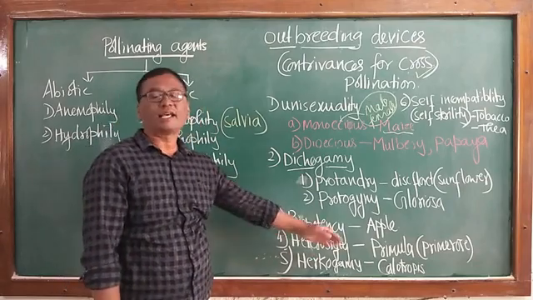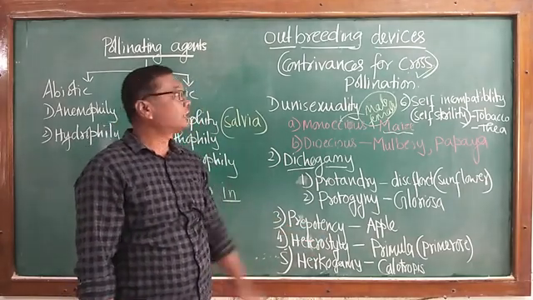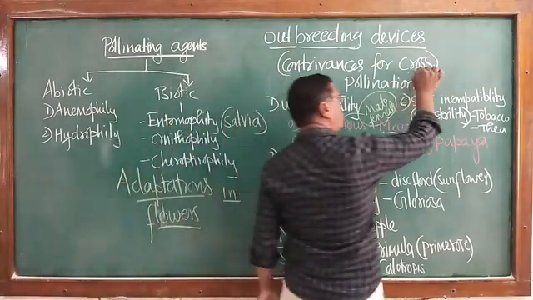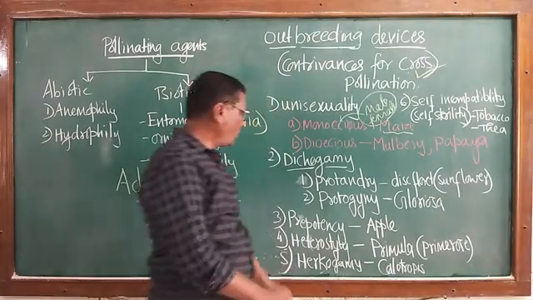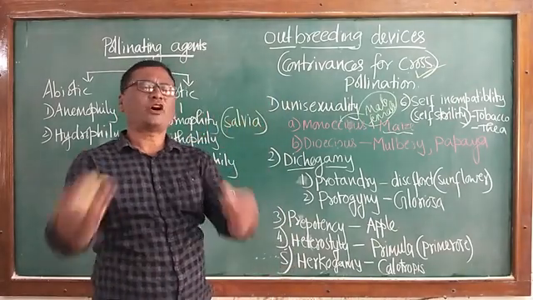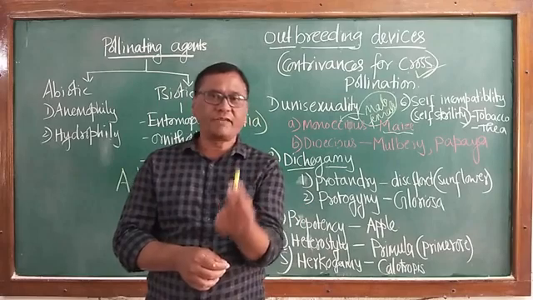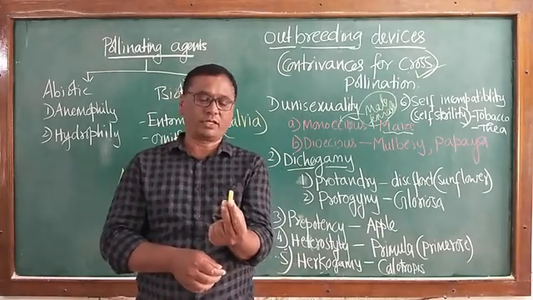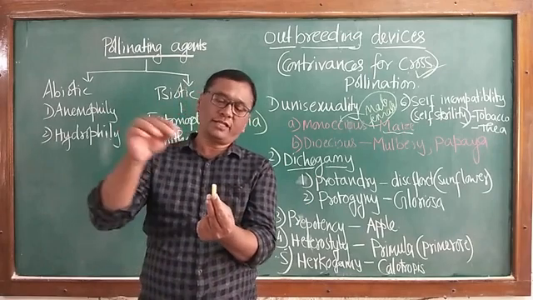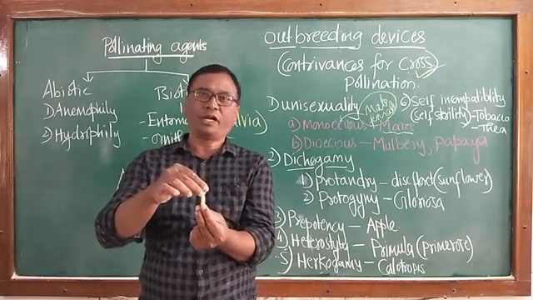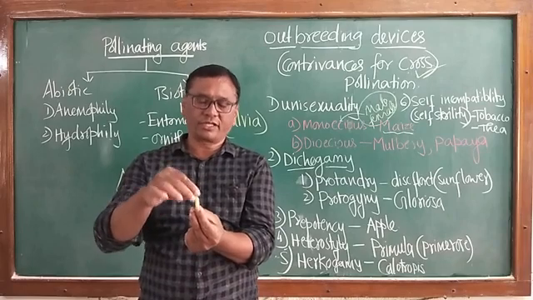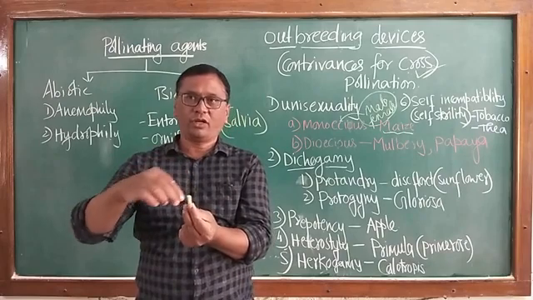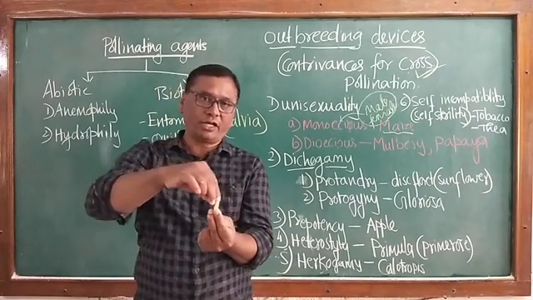Prepotency is another outbreeding device for what? To achieve cross-pollination. What does this mean? Say for example, on the stigma of the carpel of the apple flowers, pollen grains are deposited from the same flower, another flower, or the flower of another plant.